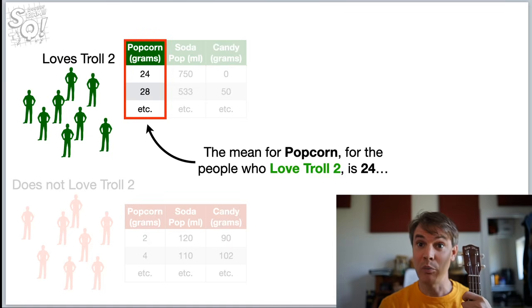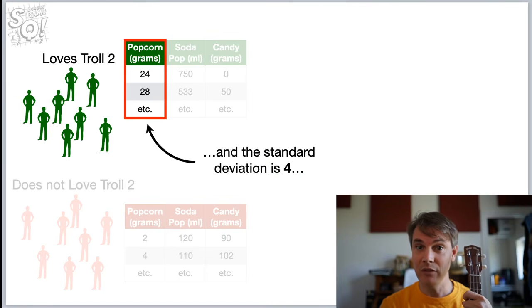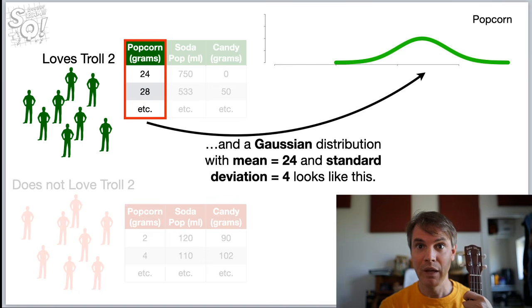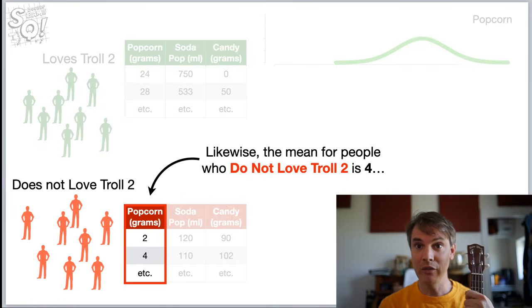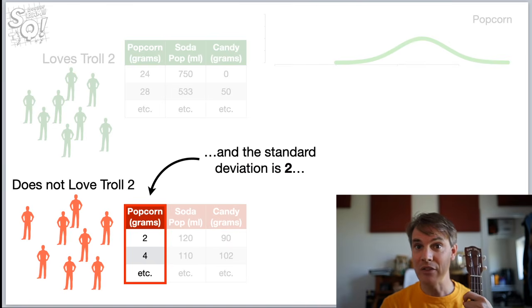The mean for popcorn for the people who love Troll 2 is 24, and the standard deviation is 4. And a Gaussian distribution with mean equal to 24 and standard deviation equal to 4 looks like this. Likewise, the mean for people who do not love Troll 2 is 4, and the standard deviation is 2.